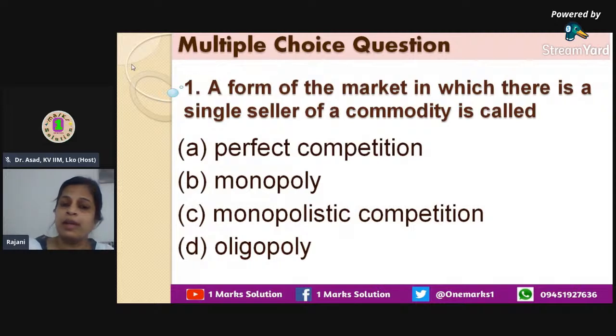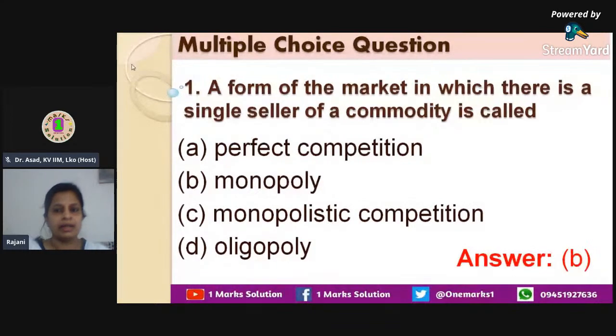Monopoly means a single seller. Monopolistic competition means a large number of firms selling a differentiated product. Oligopoly means a few large firms sharing the market. So definitely the answer is B, that is monopoly.